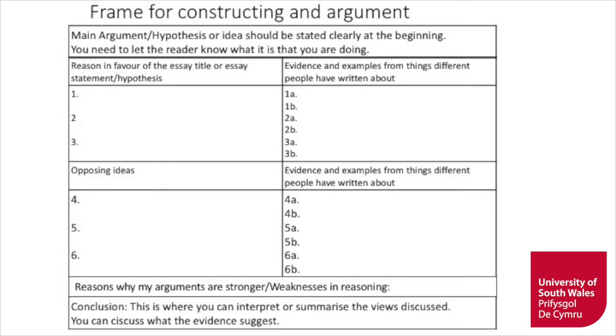Then you're going to maybe include some reasons why the arguments are weaker or stronger in the reasoning. And then you conclude, where you summarise the views discussed, and you can discuss what the evidence suggests. So there's a clear structure for when you're putting together academic arguments: identifying reasons, opposing views, and evidence to support them.